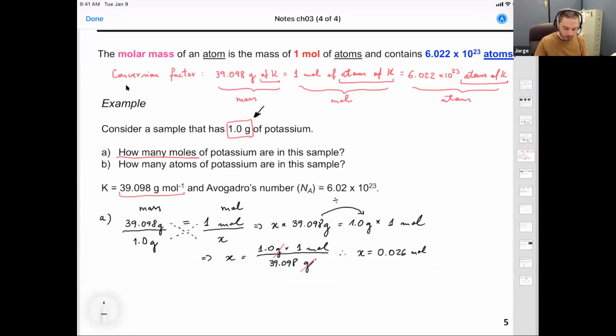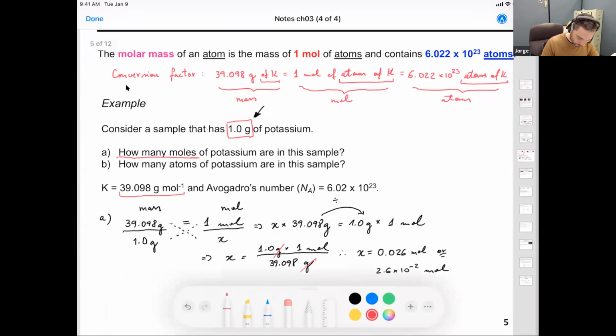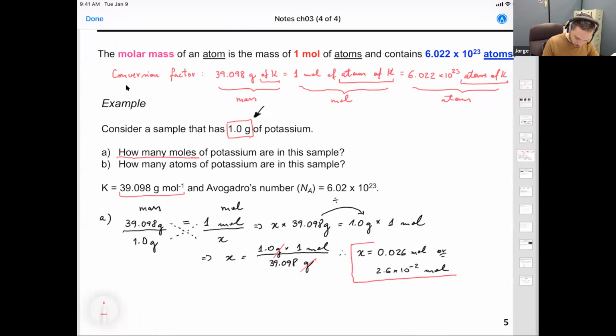If you want to write a better answer, you can transform that into scientific notation, and that's going to be 2.6 times 10 to the minus 2 mole. Put it inside the box, and everybody will know where the answer is.